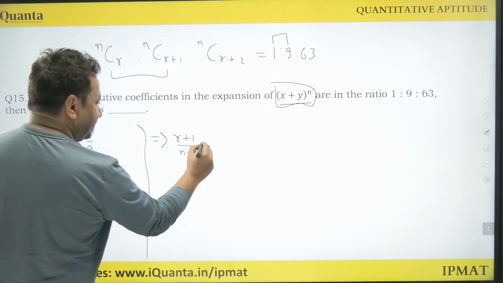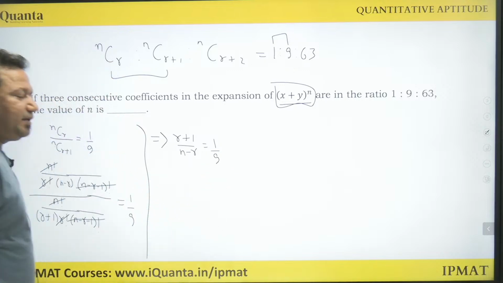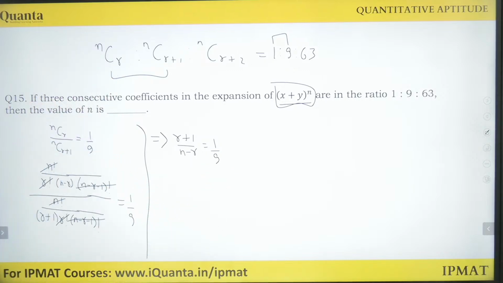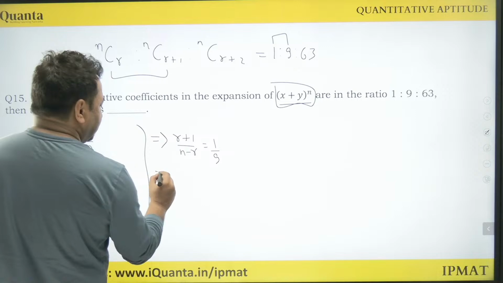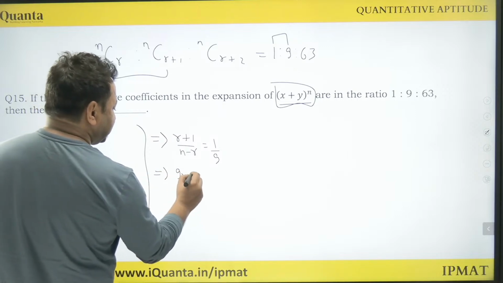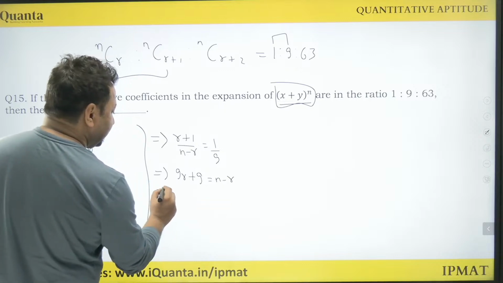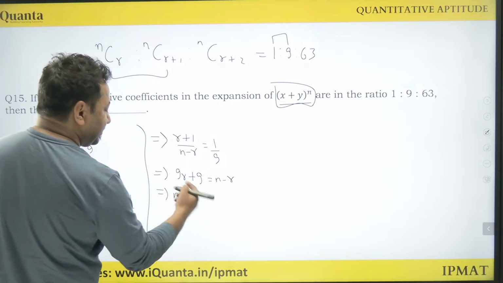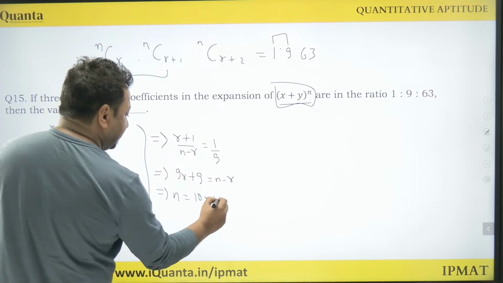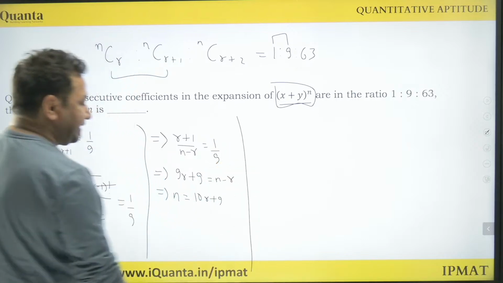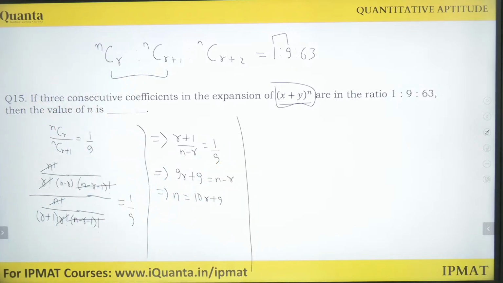So now all the complexity is gone, and now we have a very simple equation in front of us. 9r plus 9 is equal to n minus r, or I can say n is equal to 10r plus 9. This is what I have. Is that cool, everyone? Understood, all of you?